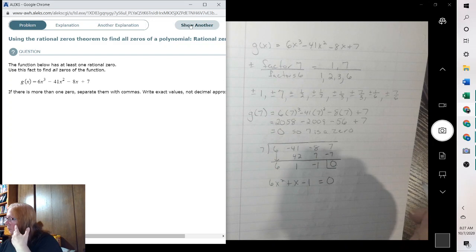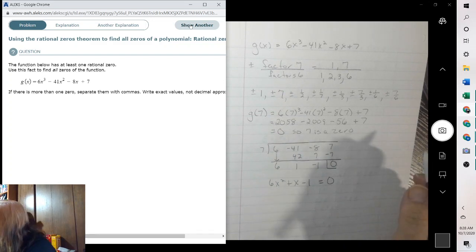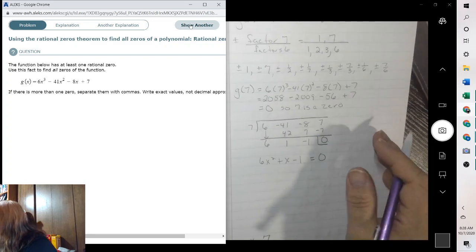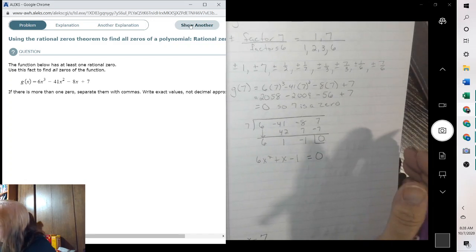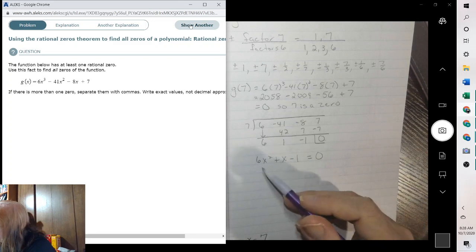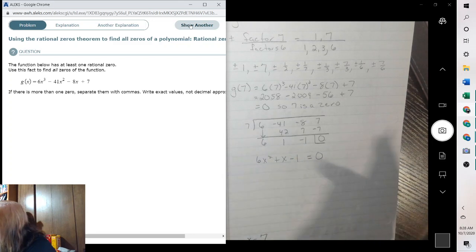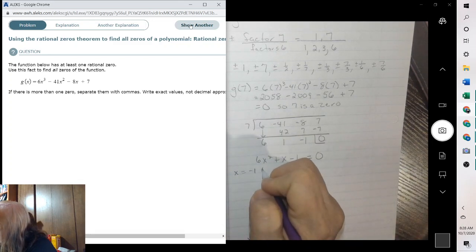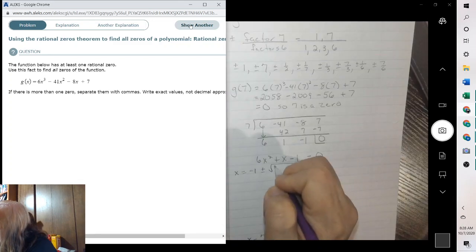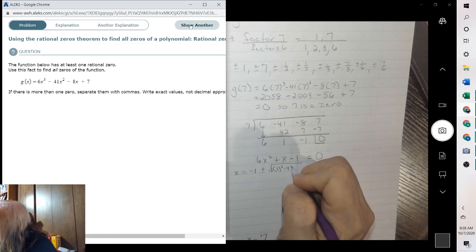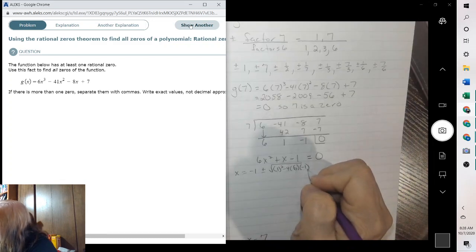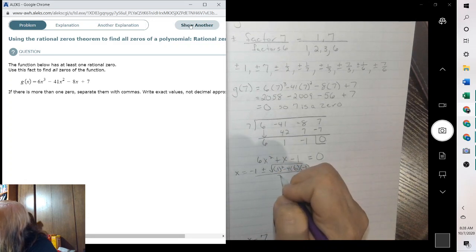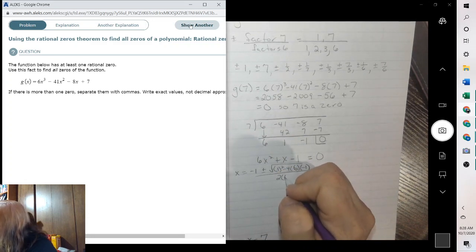And then you can factor it. This is factorable, I think. But you can factor, or you could use the quadratic formula. x equals negative 1 plus or minus the square root of 1 squared minus 4 times a times c, all over 2 times a.